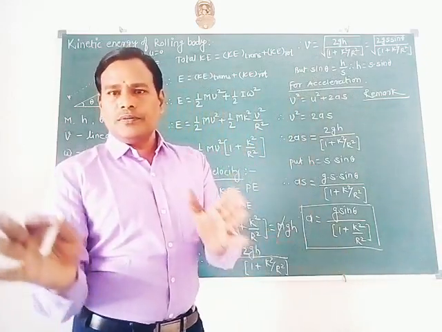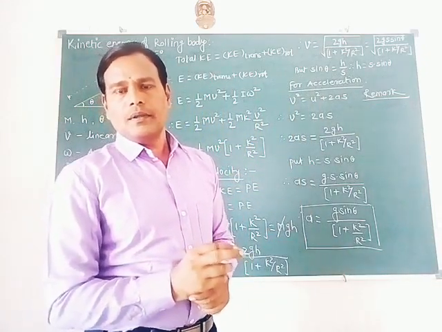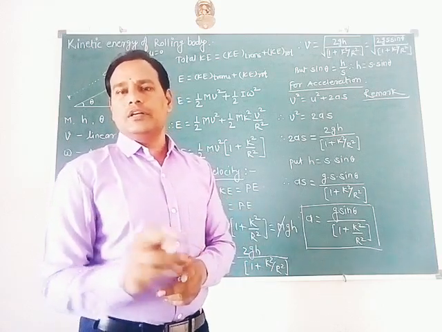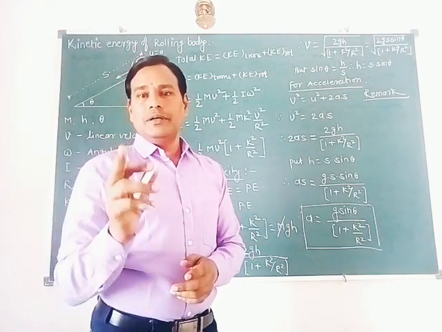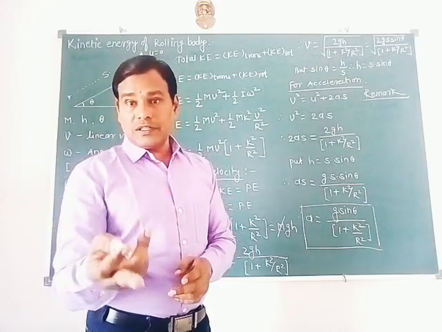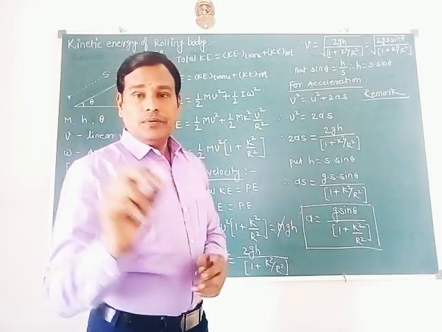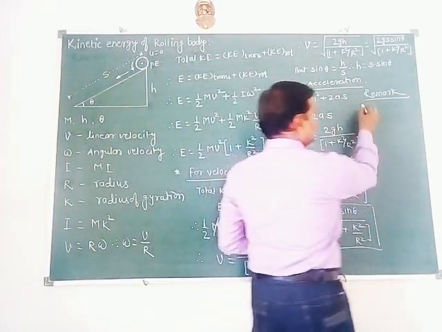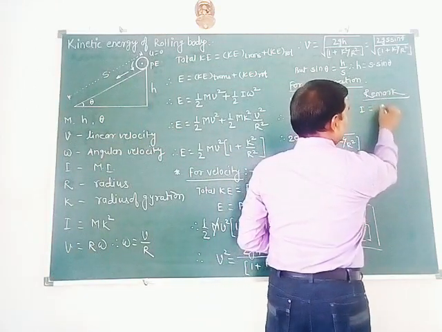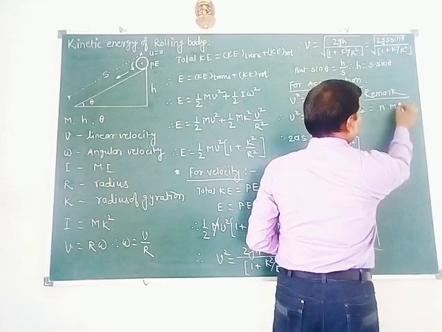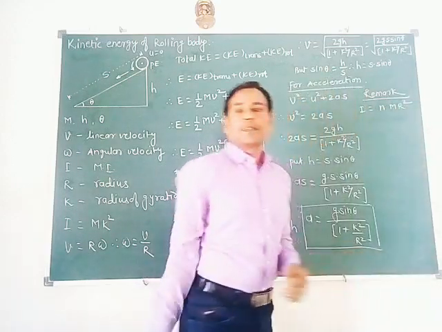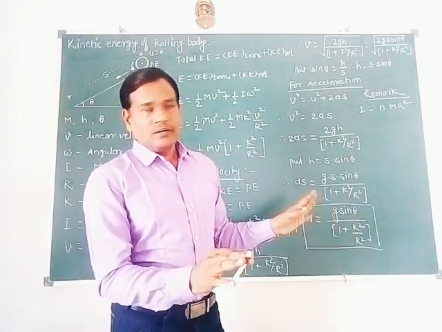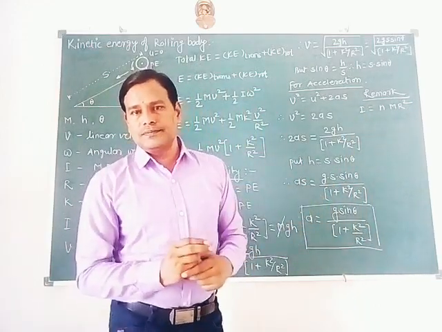For any object of regular shape, it may be a sphere, hollow or solid, it may be a ring, it may be a disc, it may be a solid cylinder, hollow cylinder. For such a regular body, suppose capital I equal to n times capital M into R square. n may vary from object to object.